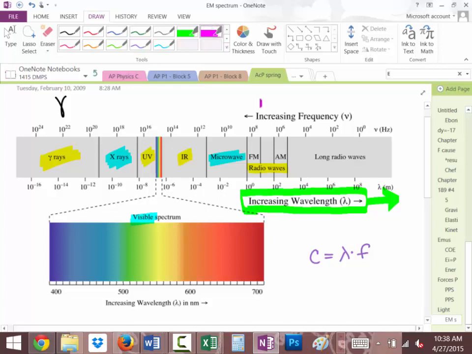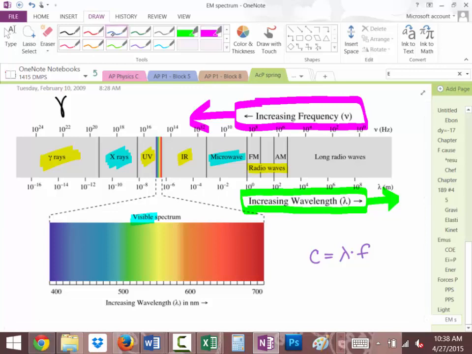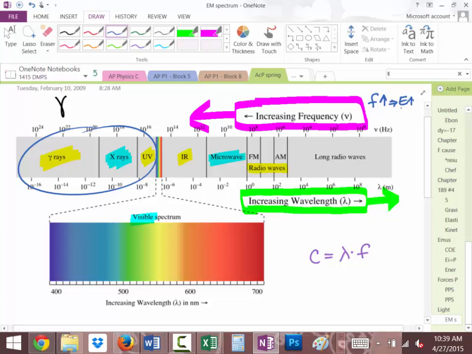So if you look at this one carefully, it says that it's increasing frequency in the other direction. And the secret that you may want to know here, and this will explain some of the fear behind this stuff over here, is that as frequency increases, the energy of the wave also increases.